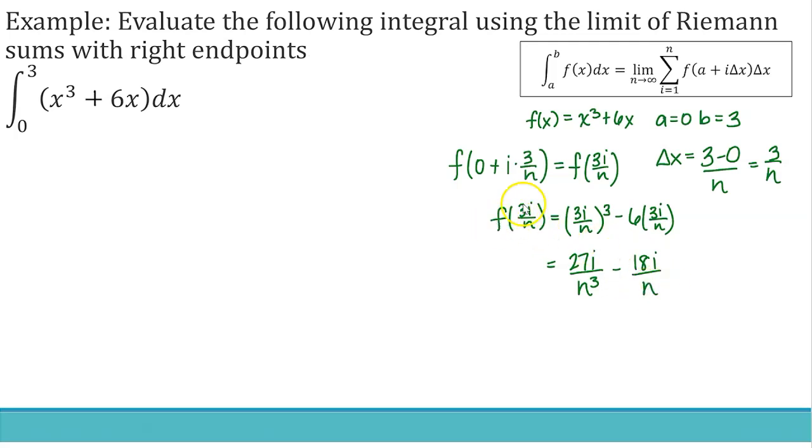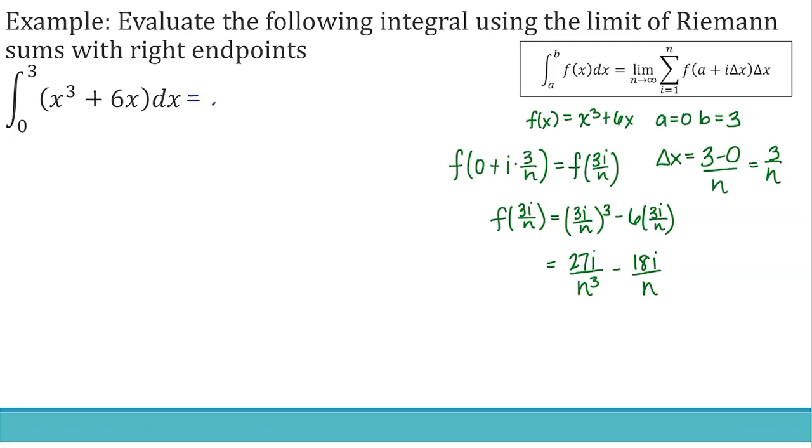So f of 3i over n is this sum here, and that is f of a plus i delta x. And then delta x is just 3 over n. So I have all of this scratch work ready for me to move forward with doing this definite integral using this formula. So let's do it.